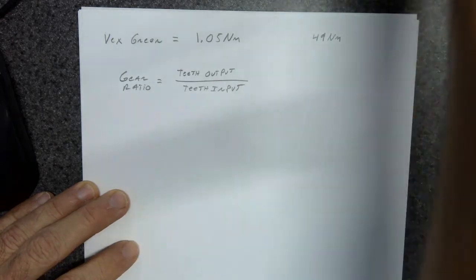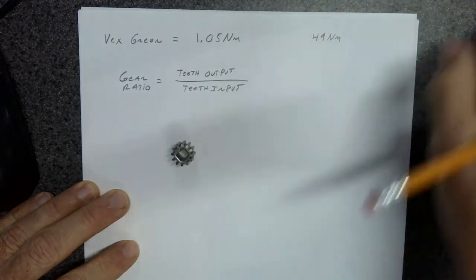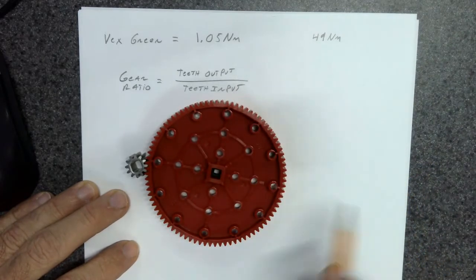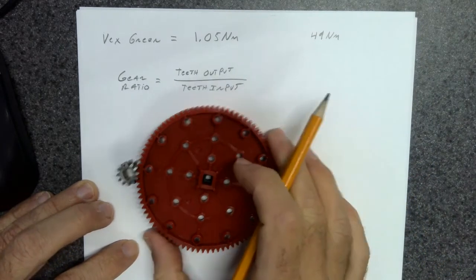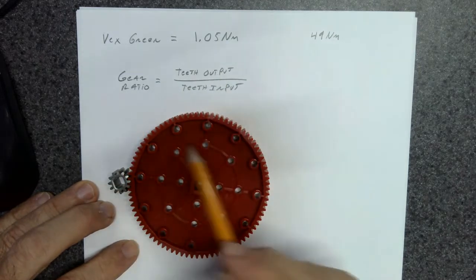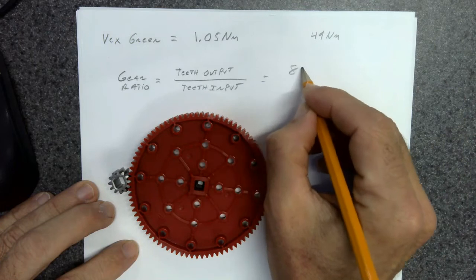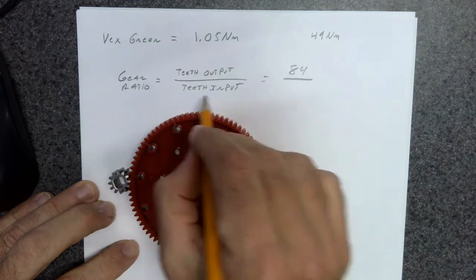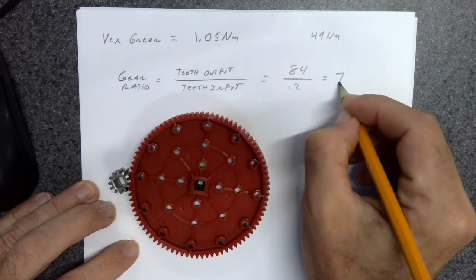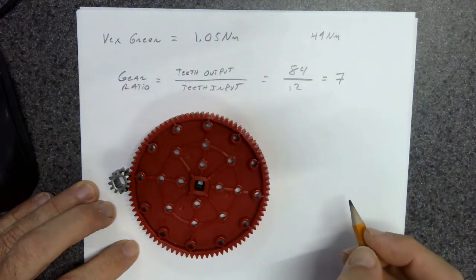So if I have a 12-tooth gear hooked up to an 84-tooth gear, teeth on the output is 84 divided by teeth on the input is 12, and I'd have a gear ratio of 7.